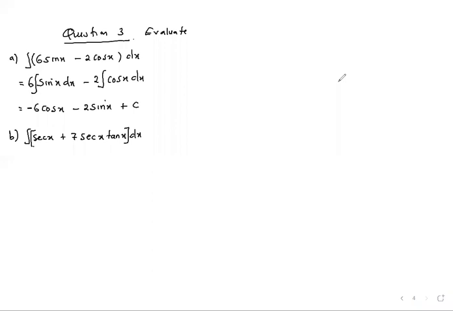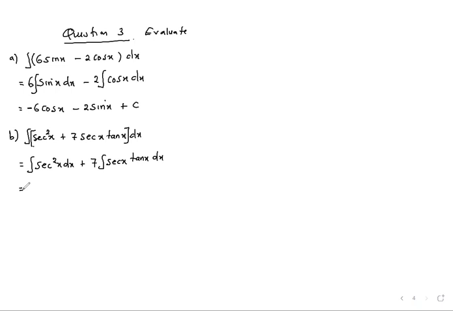So you can separate: the integral of sec squared x dx plus the integral of 7 sec x tan x dx.